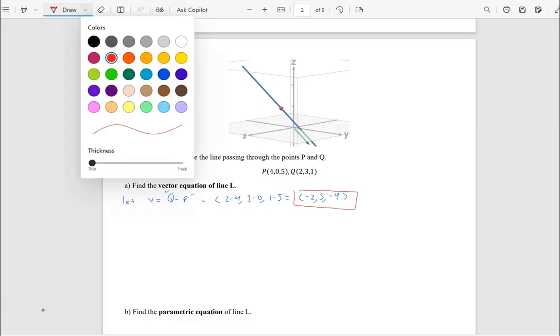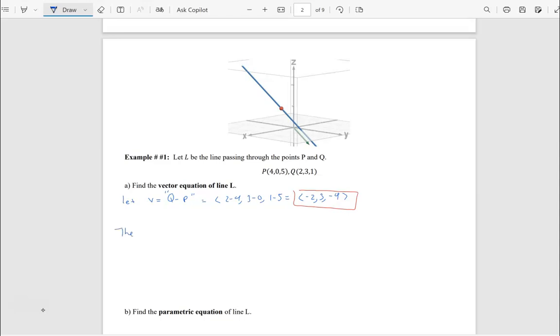So in this case, we can say that the line L1, defined as r of t, uses x0, y0, and z0 to be 4, 0, 5, plus the values of t times v, which is -2, 3, and -4.